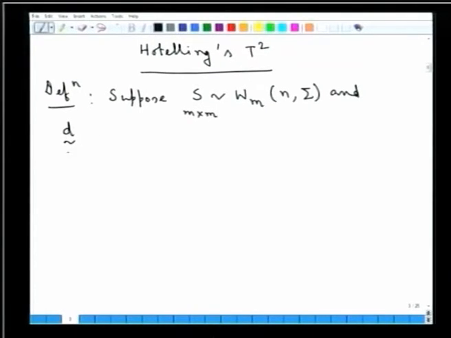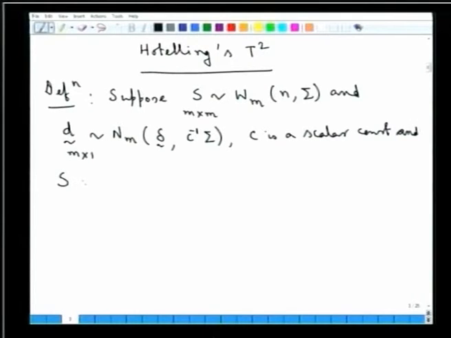Let D be a random vector, m by 1, which has a multivariate normal distribution, m-dimensional, with a mean vector, say delta, and a covariance matrix given by C inverse sigma, where C is a scalar constant. Suppose we further have that S and D are independently distributed.